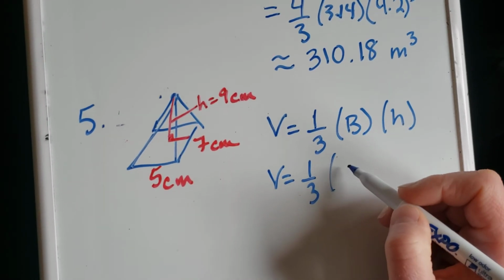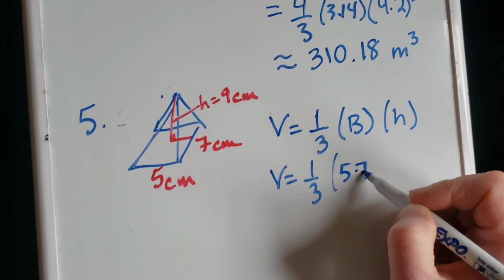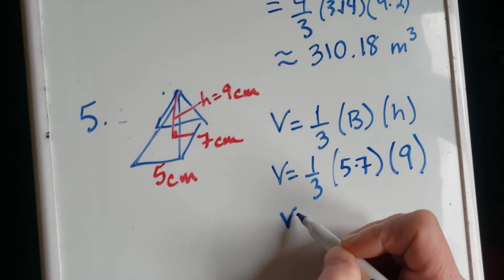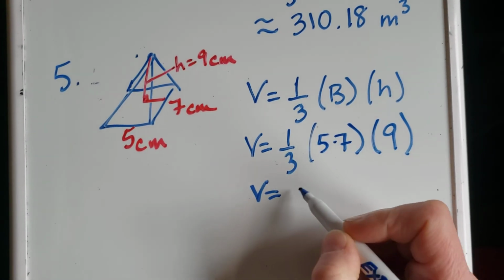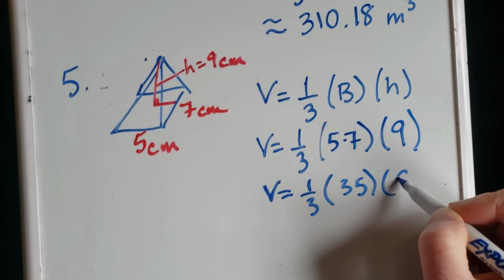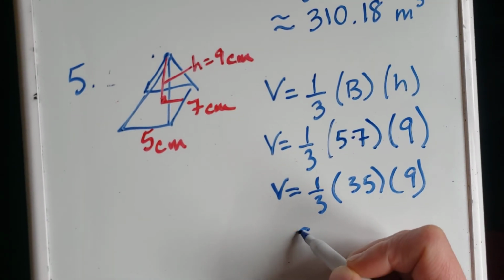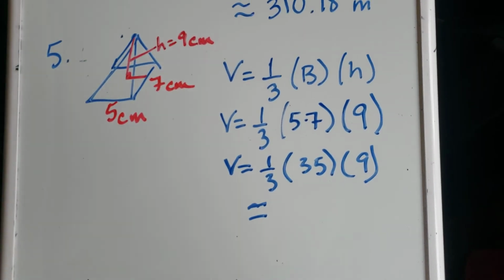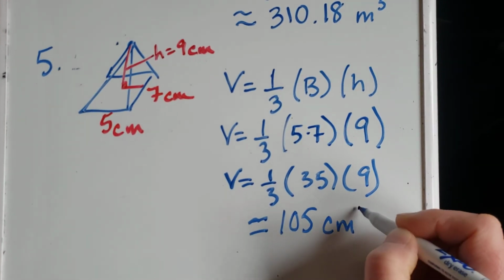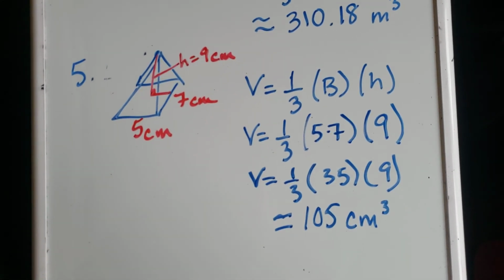The base is 5 times 7, and the height here is 9, okay? So we have 1/3 times 35 times 9. And that gives us a volume of 105 cubic centimeters, or centimeters cubed.